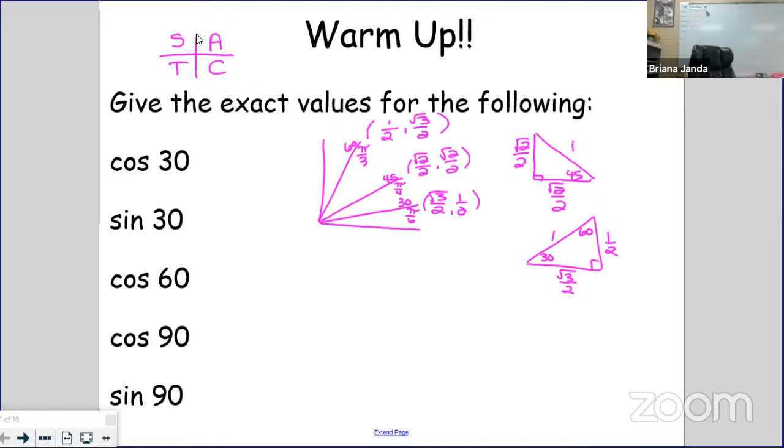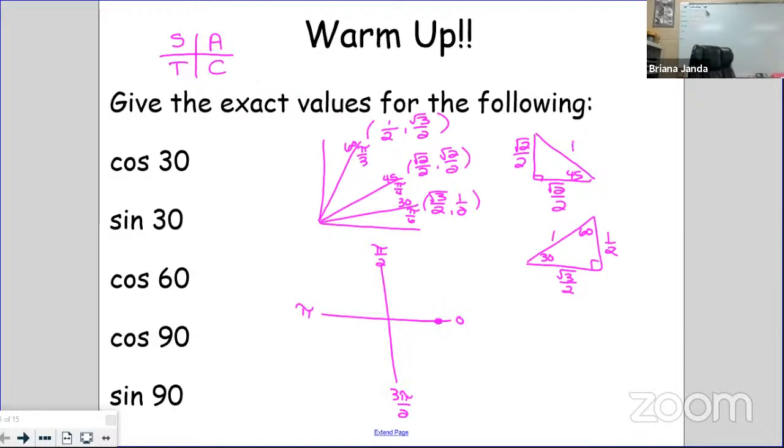Or if you're a hand trick person, remember it goes cosine fingers, comma, sine fingers, square root of fingers over 2. Tangent is flip it to the back side, square root of fingers over square root of fingers. And our axes: 0, 90 or pi over 2, pi or 180, 270 or 3 pi over 2.